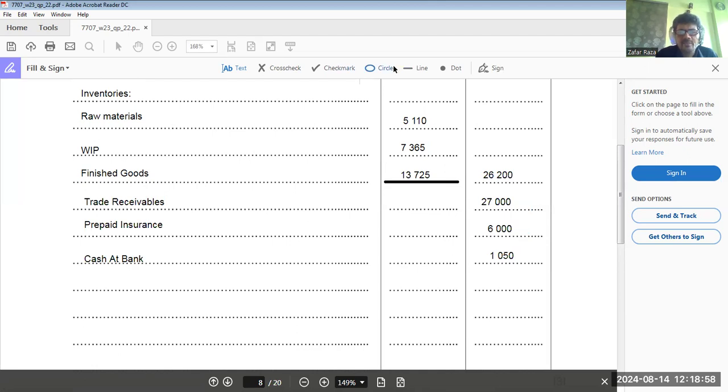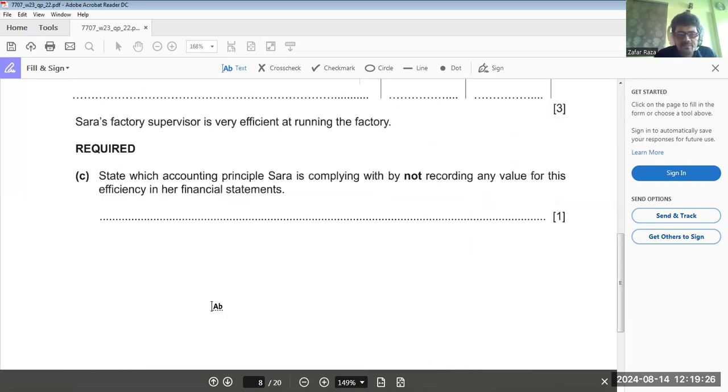That makes your total current assets 60,250.